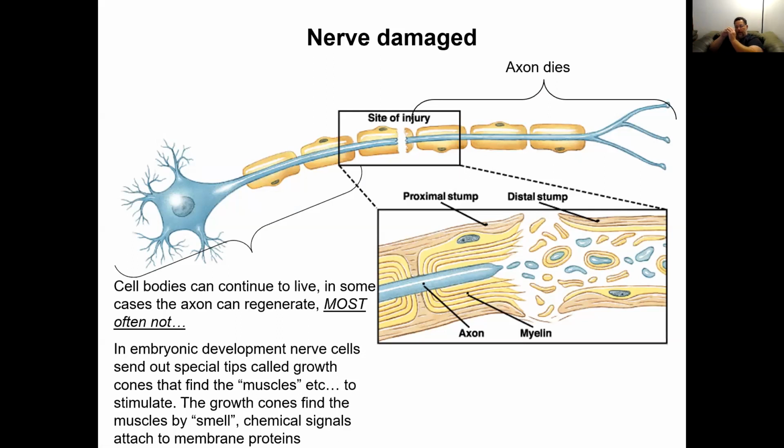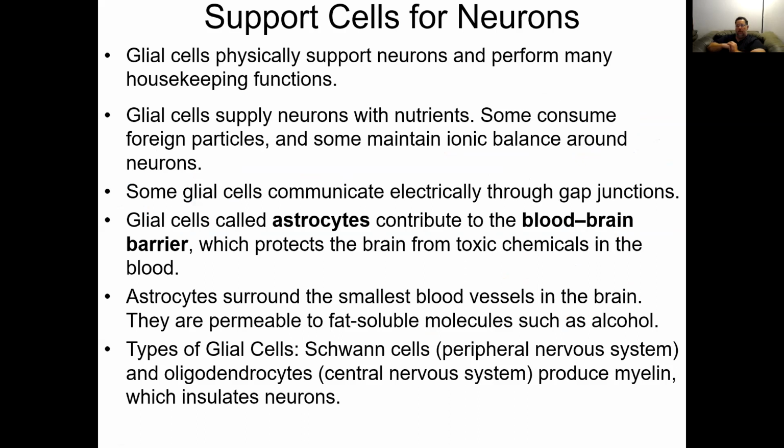So on the front of an axon terminal during development, like as an embryo, as the nerve is stretching out, there'll actually be a cone of cells over the axon terminal, and it'll help attract the axon terminal to the muscle cells and attach. We call that innervation, innervating. We'll go back and look at fast axonal transport and so forth.